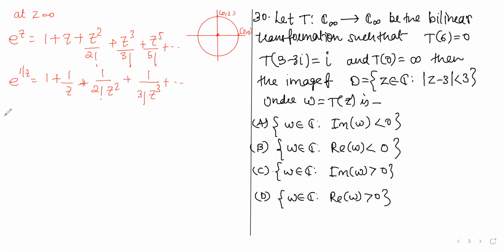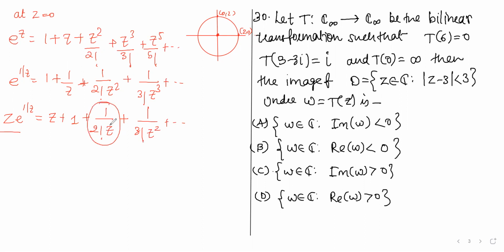We need to multiply by z as well. So z times e^(1/z) equals z plus 1 plus, this gets cancelled, 1 upon 2 factorial times 1/z will remain here, plus 1 upon 3 factorial times 1/z squared and so on. Now to find the residue of this function at z equal to 0, simply find the coefficient of 1 upon z.